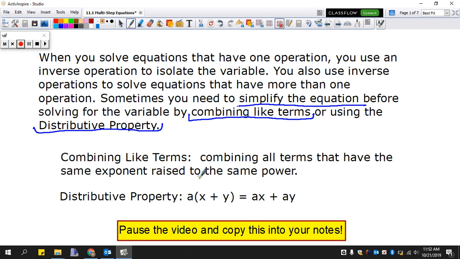The distributive property says that if you have a number on the outside, like a here in this case, multiplied times something on the inside, you have to distribute that a times x and a times y. And then oftentimes what happens with that leads to us combining like terms. So let's do several examples with that. Go ahead and pause the video and copy these notes into your notebook.